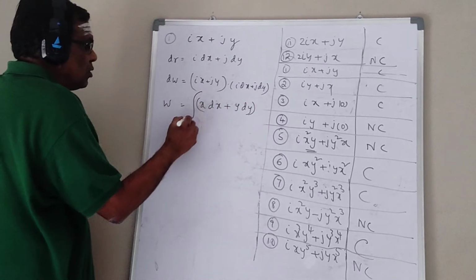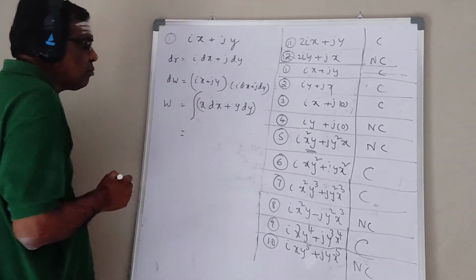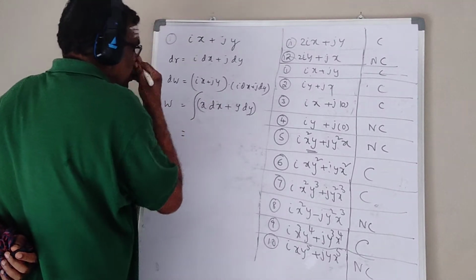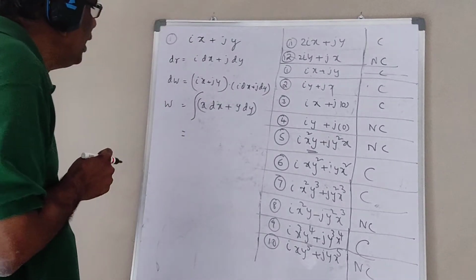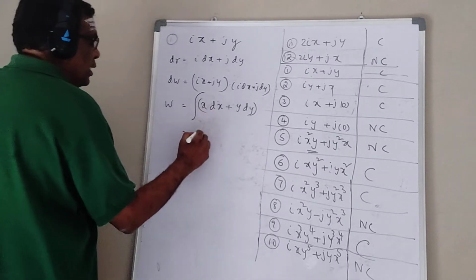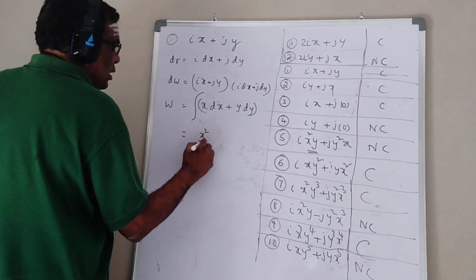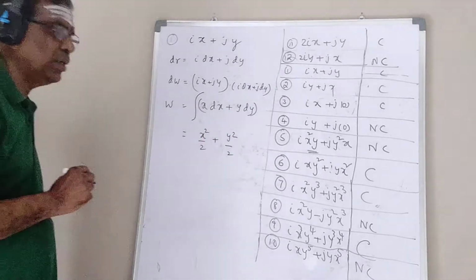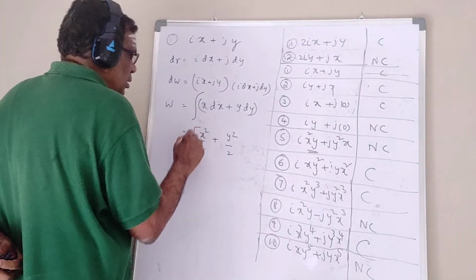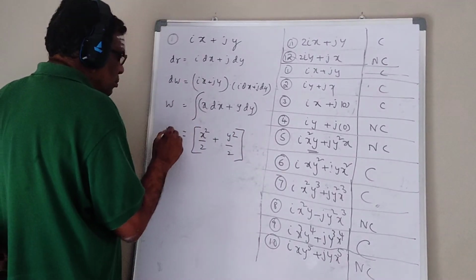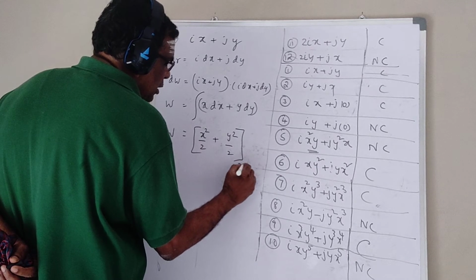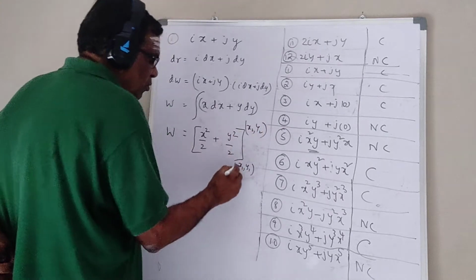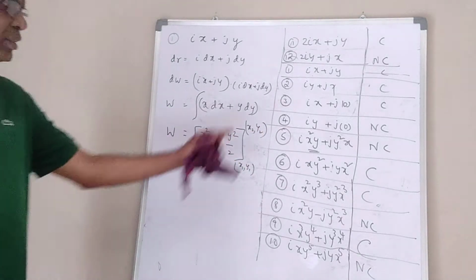Now W is equal to this. Now I can write this as the integral of x dx + y dy. How do you get that? x squared by 2 plus y squared by 2, and substitute, say x1, y1 to x2, y2.